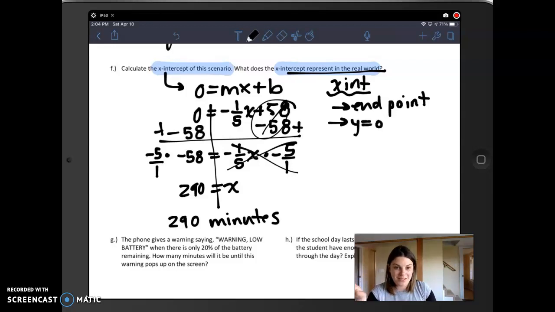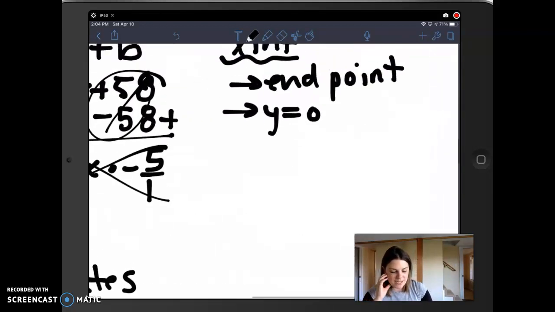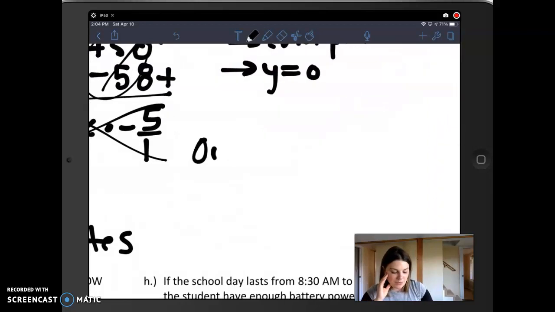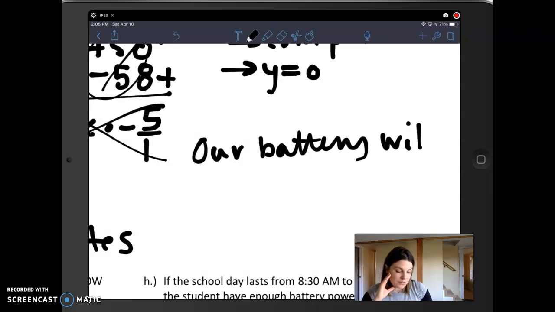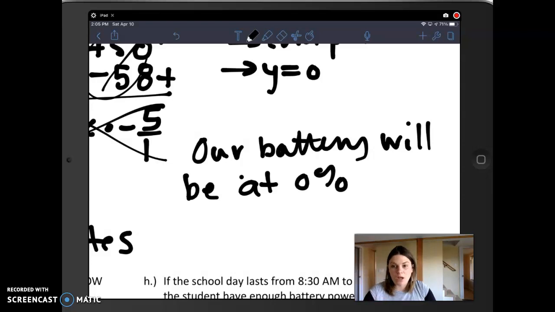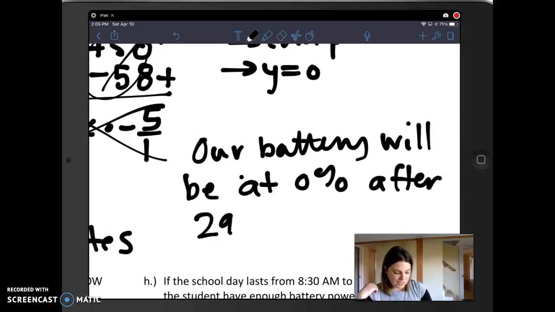So our battery is equal to 0. So we can say our battery will be at 0%, or you could say run out after 290 minutes.